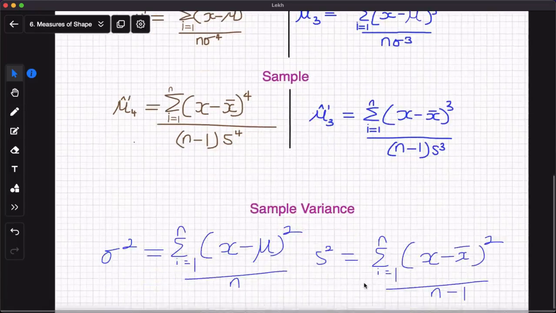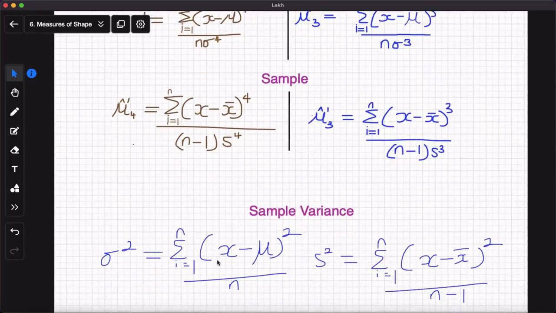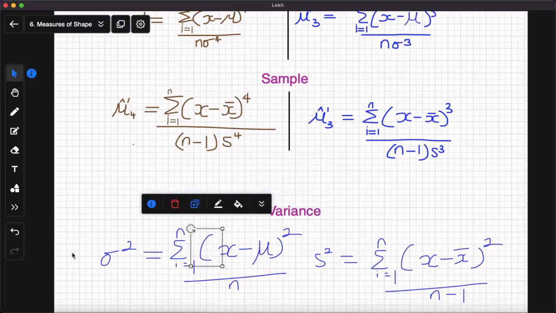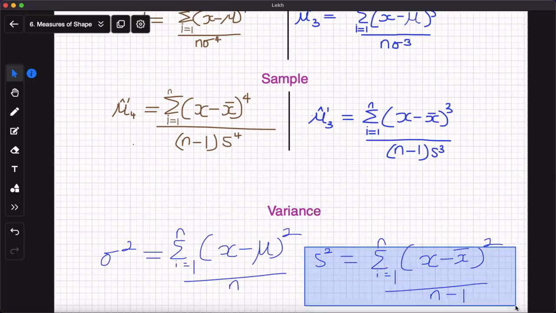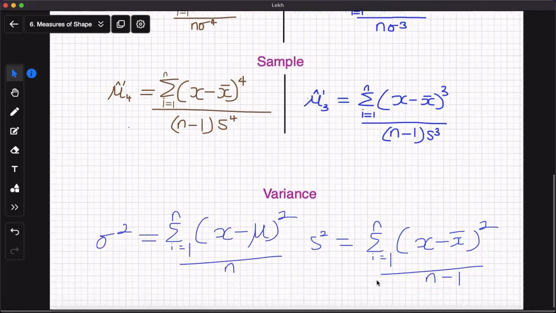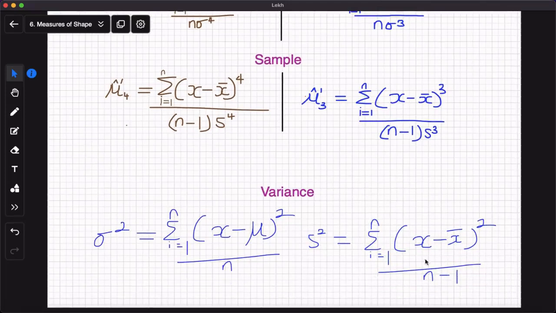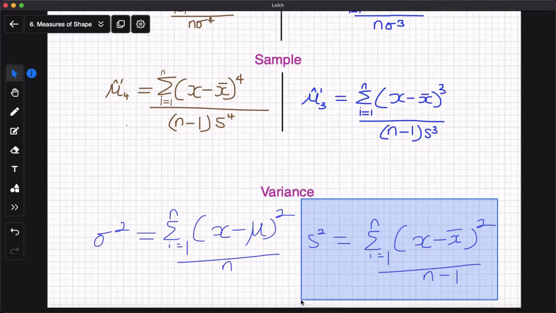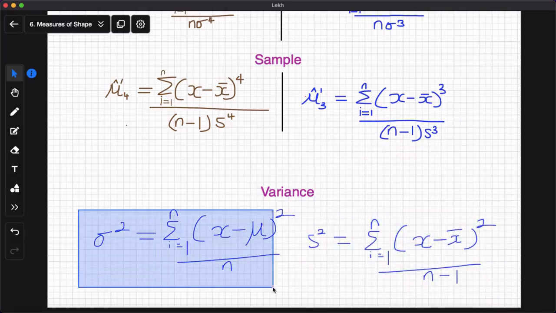And when you come to that of the sample variance, which is this, you notice that you are raising x minus x bar, or x minus mu, to the power of 2. But you divide by n minus 1 in the case of the sample variance, and in the case of the population variance, which is this, you divide by n. All right, so those are the similarities.